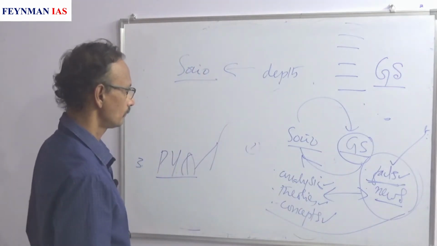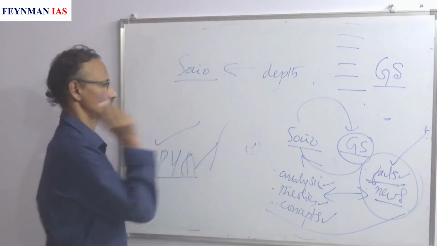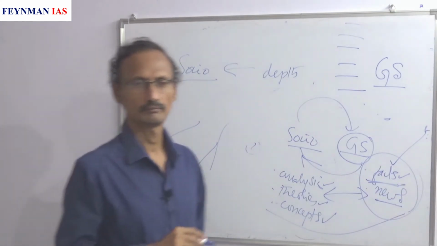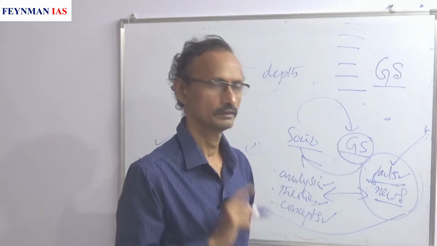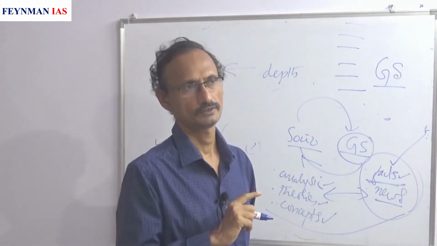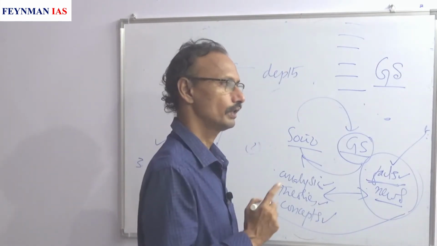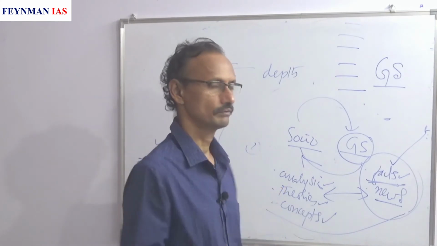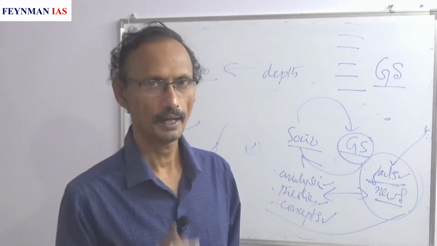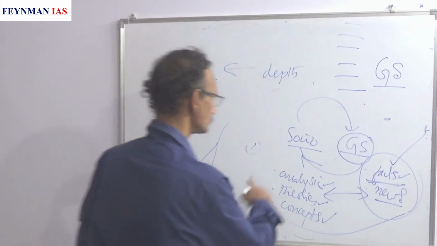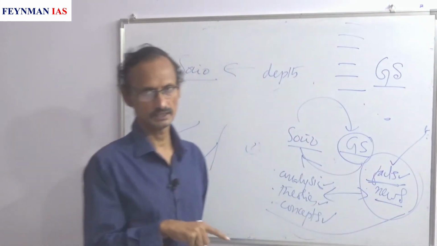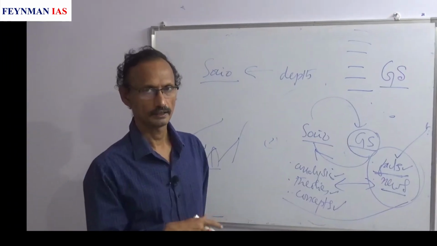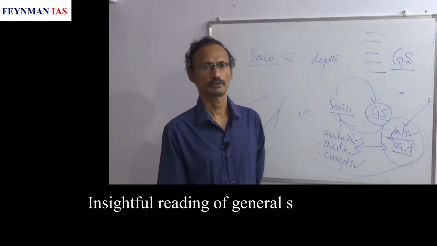So, previous year questions help, but there is a dynamic component in the questions. So that dynamic component you can't get directly from the previous ones. You have to pay attention to what is going on now, what we are studying in general studies, and give some depth, then it becomes sociology.